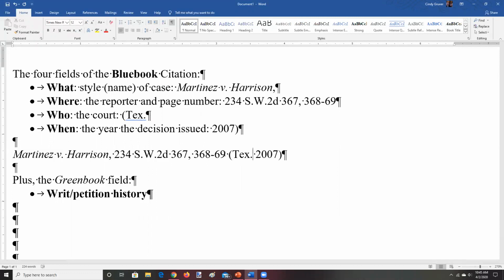And let's see if I can actually find that in the Bluebook. I'm not going to expect that you know state abbreviations other than Texas. Yeah, so I'm looking at the 20th edition, it is on pages 502 and 503, the various abbreviations. You will see that Alaska has no abbreviation.